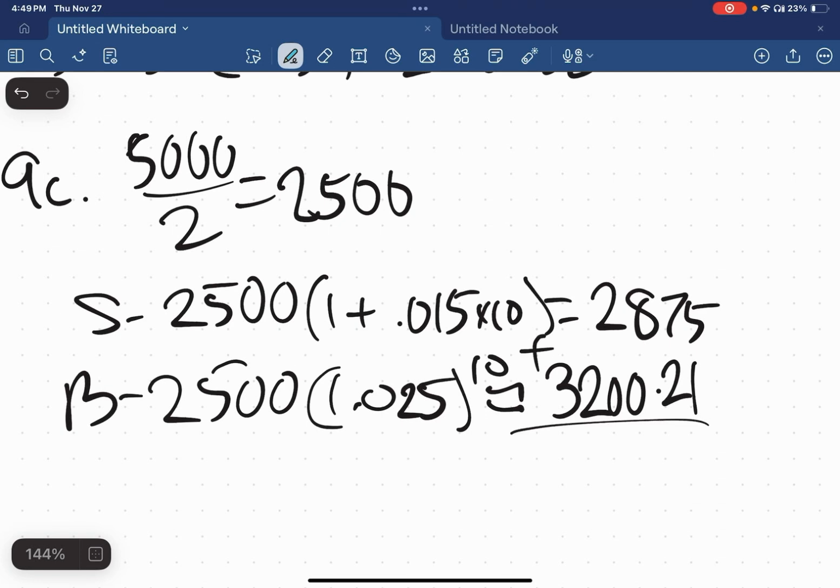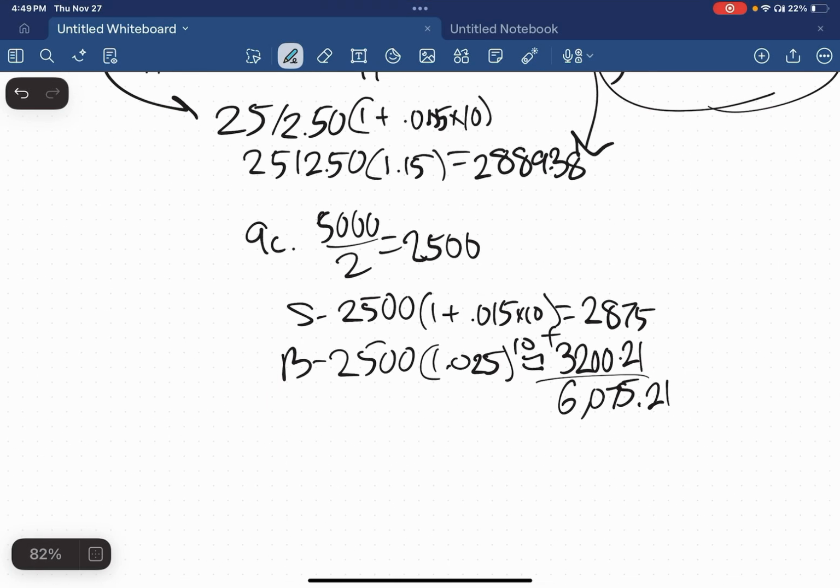Adding these together, you get $6,075.21. But we're not done yet.